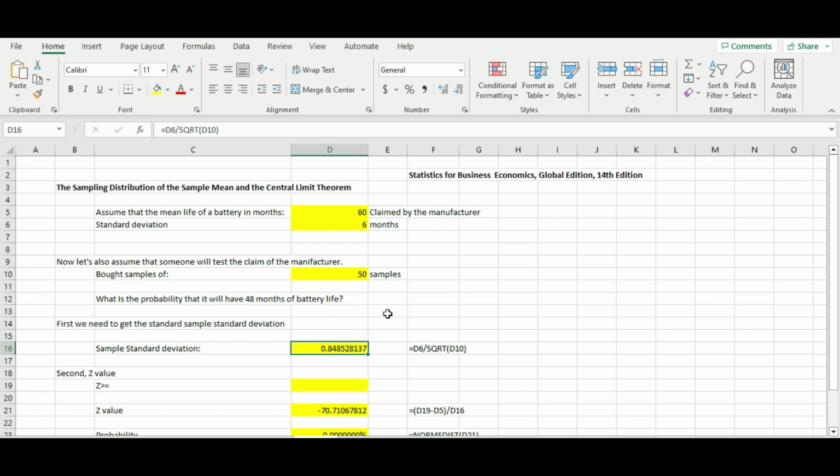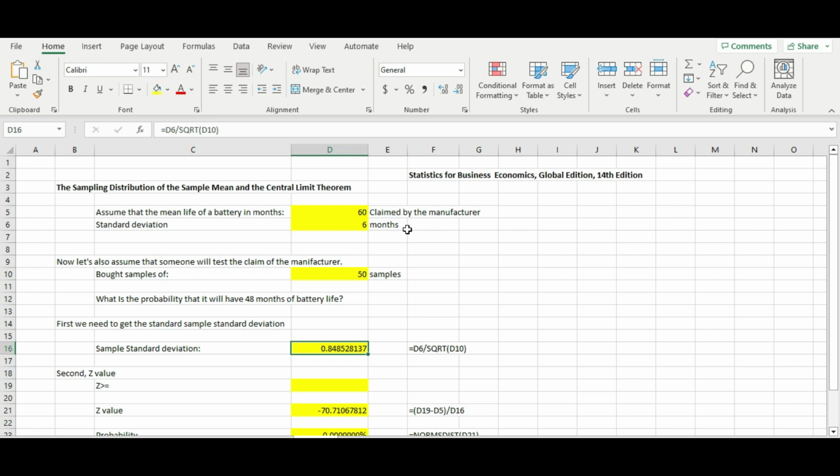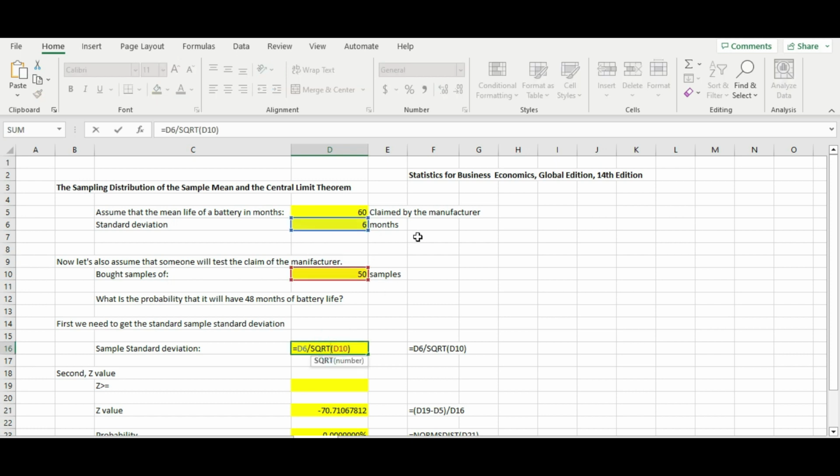We will use the 6 month standard deviation over the samples, to test the claim of the 50, using the central limit theorem. The standard deviation is the numerator, and the denominator is the square root of the 50 samples.